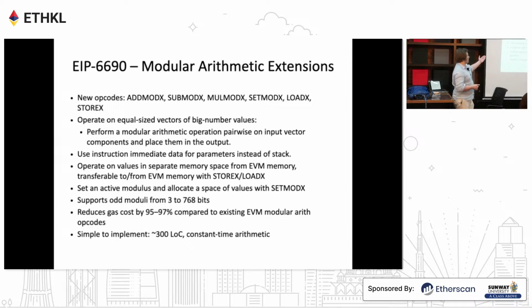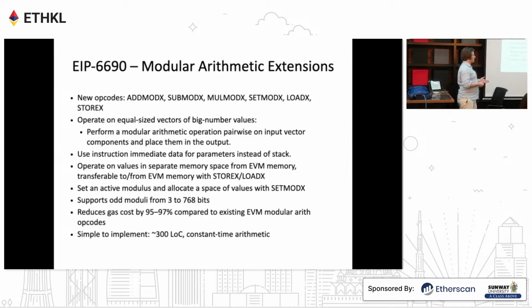So like I mentioned, there's this new opcode to set the active modulus, allocate a space. We also expand the range of moduli that we support operations from 3 to 768 bits. 768 was just chosen as a random ceiling to keep the implementation complexity simple.